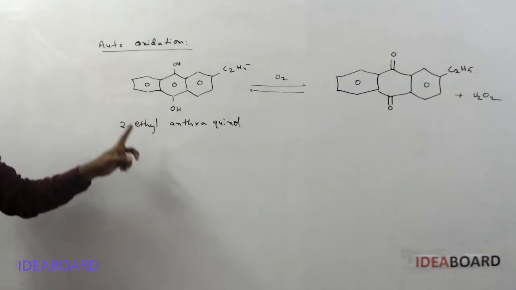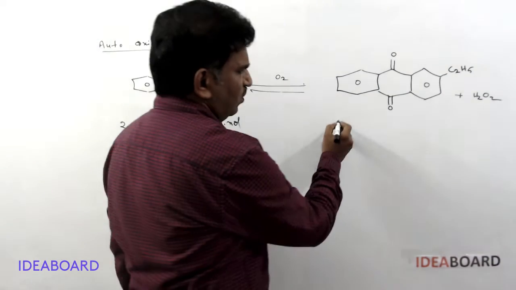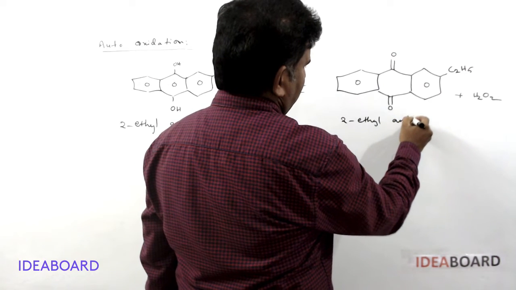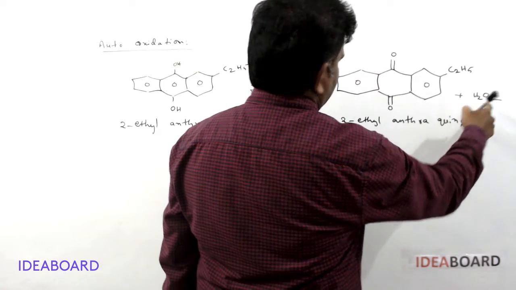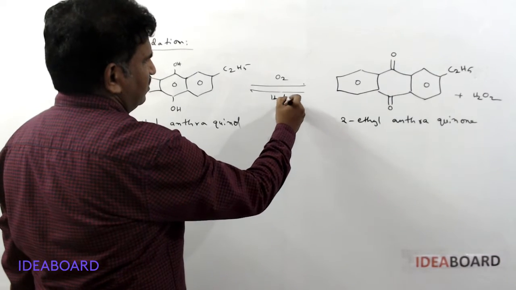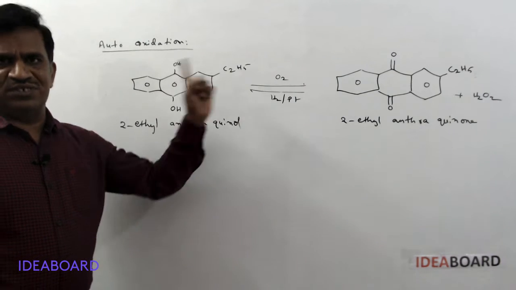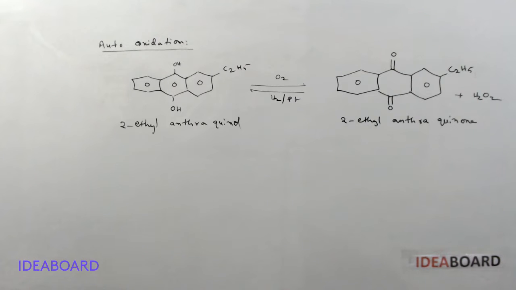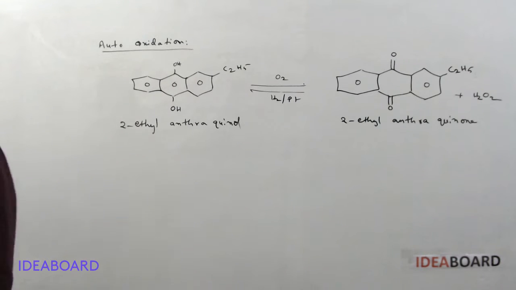So 2-ethyl anthraquinol is converted to 2-ethyl anthraquinone, and hydrogen peroxide is formed. If it undergoes reduction, again we will get 2-ethyl anthraquinol, and this is a cyclic process. Continuously these two are interchanging and hydrogen peroxide is released. That is the auto-oxidation process. It is also an industrial preparation method.